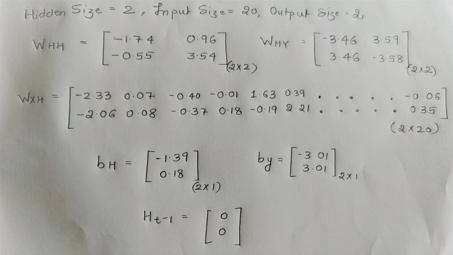I also have two bias matrices, BH and BY. Both correspondingly have a size of 2 cross 1. And last but not the least, I've initialized my previous hidden state matrix, h of t minus 1, to 0 0. Let's now go forward and look at how a prediction would be made using an RNN.